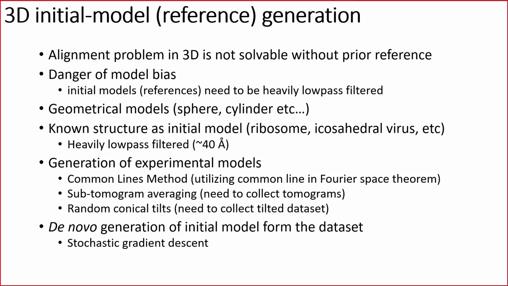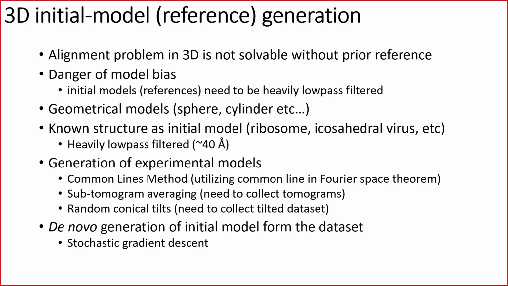What is the model bias? The model bias is that if you have a nice initial model with many high resolution features, then because the noise in your particles is also occupying the high frequencies, the high resolutions, you are able to align your particles independently of the low resolution content to best fit the high resolutions.